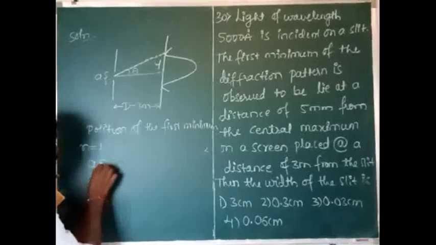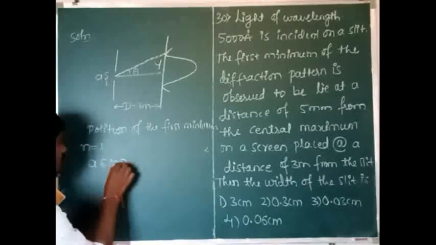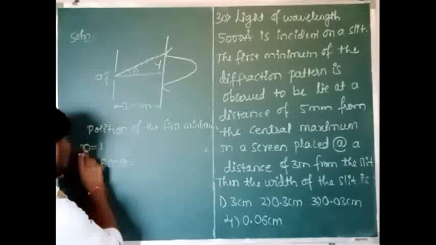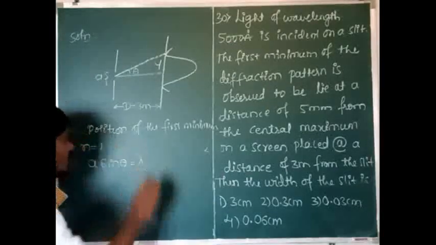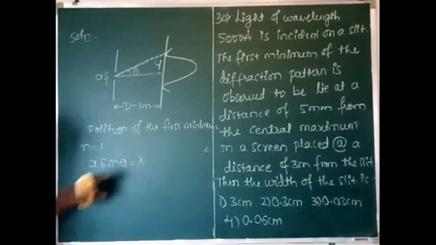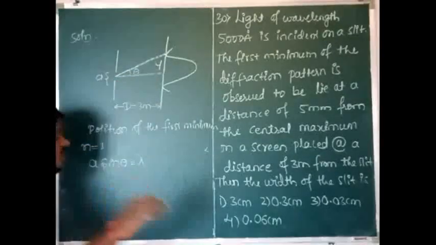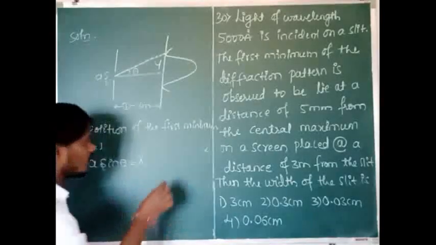That is a sin theta equals n lambda, because we already know the path difference for the minima is n lambda. But here n is 1, so it can be taken as lambda. Then for a small angle, sin theta can be written as tan theta, because sin theta is theta, and tan theta is also theta.